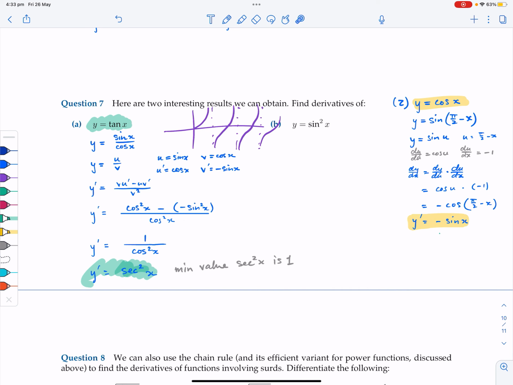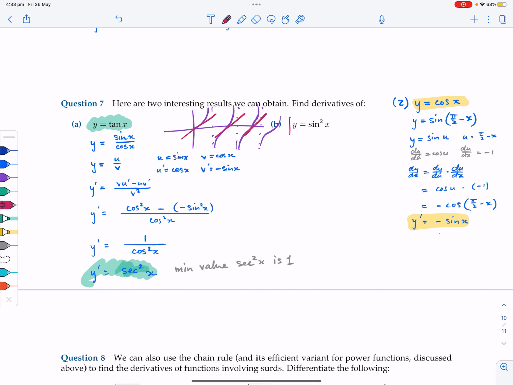Meaning the minimum gradient of tan x is 1. That occurs here, here, and here. Those are gradient of 1, and you can see that everywhere else it's steeper than that. Okay, that was fun. Last one here.